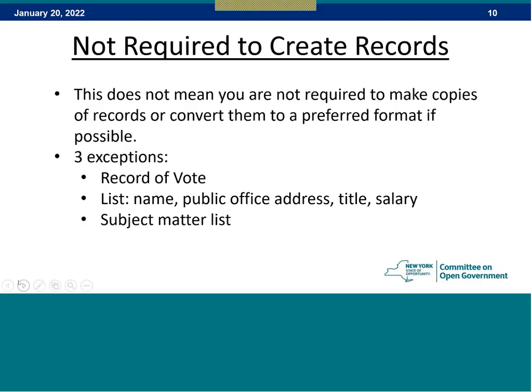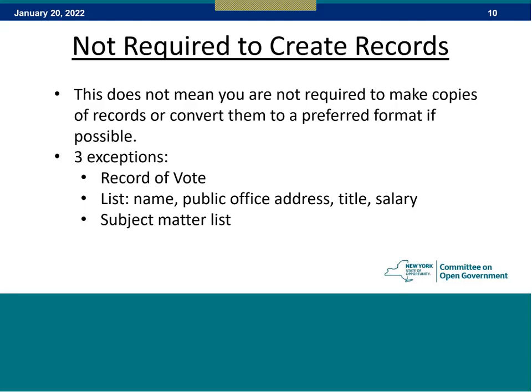The second exception is that every agency is required to maintain and make available to the public a list of the name, public office address, title, and salary of all its employees and officials. And every agency is required to maintain a reasonably detailed subject matter list.